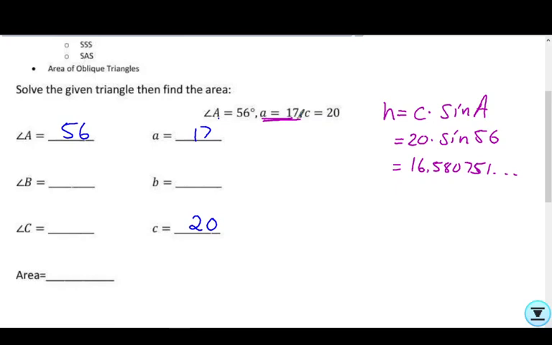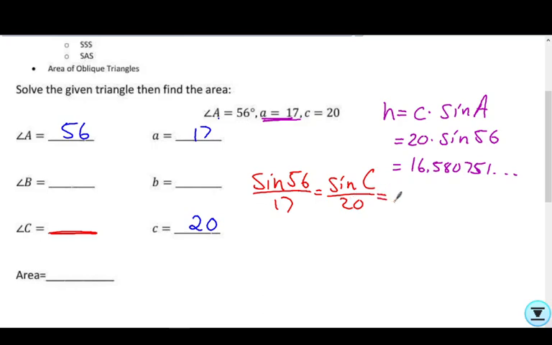So we'll start by setting up our law of sines. We have to solve for angle C first. So sine of 56 over 17 equals the sine of C over 20.